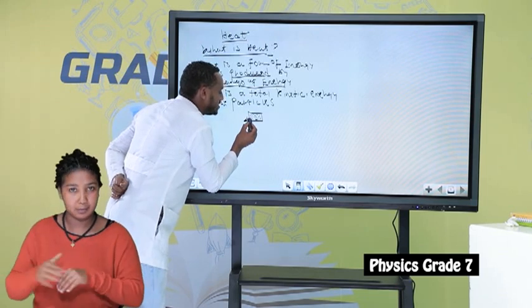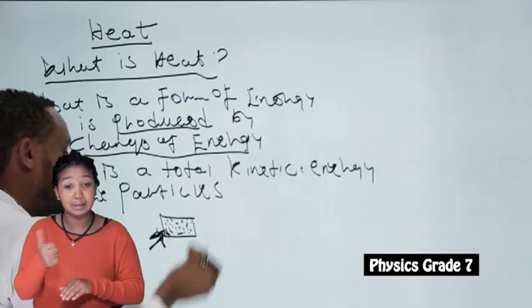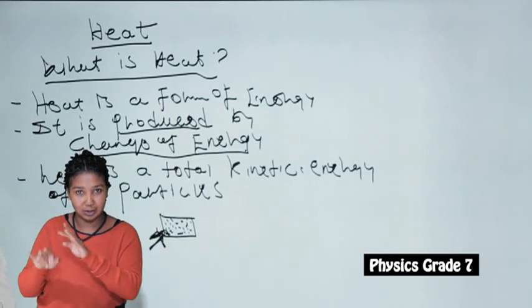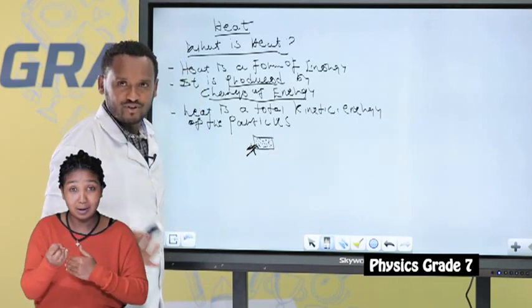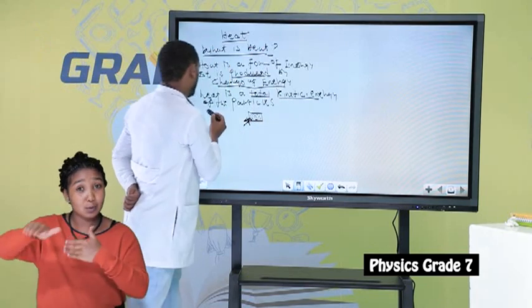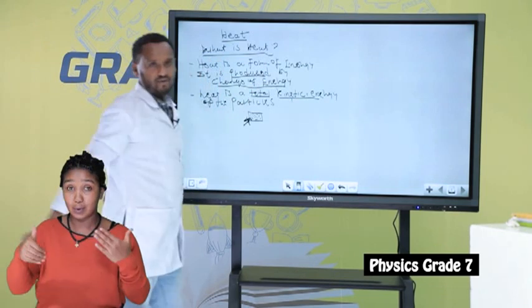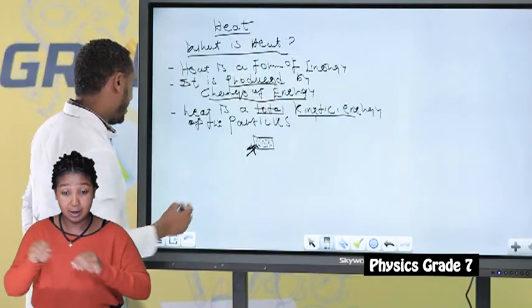When these particles start to vibrate, the other particles also start to vibrate by touching neighboring particles. So all particles start to move. So it is the total kinetic energy of the particles, which means the total movement of the particles. So heat is the total kinetic energy of the particles.